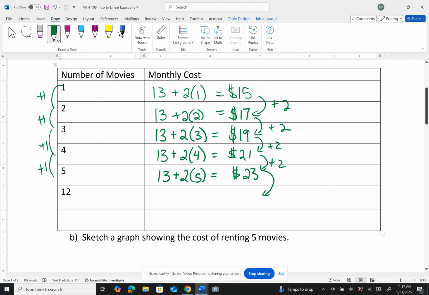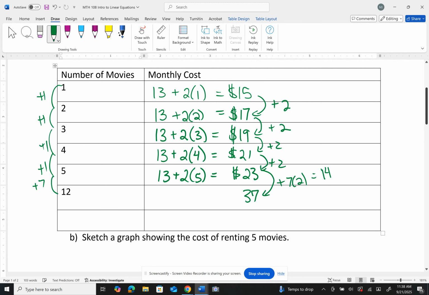But now I'm not just going up by one movie. So you could analyze it by saying I'm going up 7 movies, so that should go up $14, and 14 plus that would be 37.